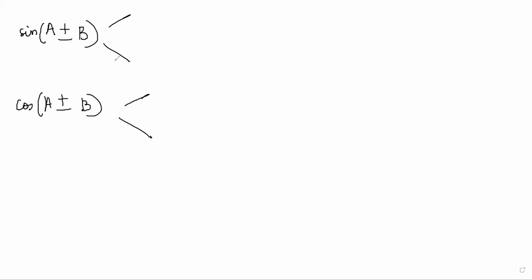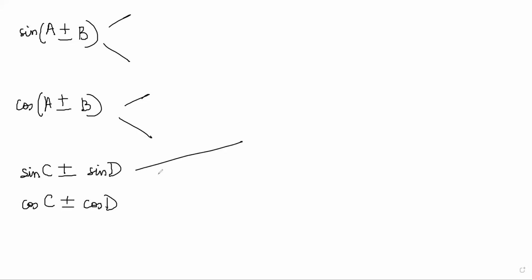Okay. So you have how many formulas? You have 4 formulas here, sin A plus minus B, 2 here, right? You have 2 here, cos A plus minus B. These 2 formulas are basic ones. Then you have 4 more which are important, which is sin C plus minus sin D and cos C plus minus cos D. Okay.